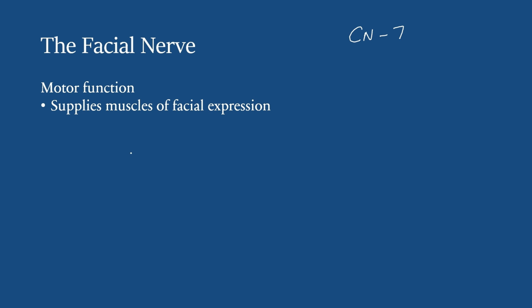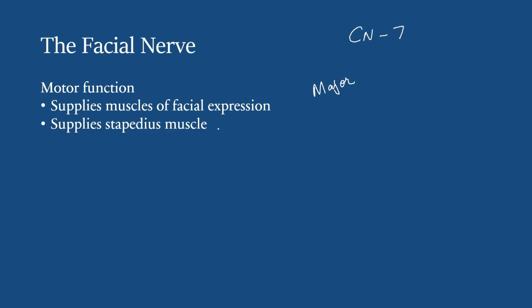There is a motor nucleus for the facial nerve which is present in the pons, and this is responsible for supplying all of the muscles of facial expression. It's the major nerve responsible for the motor function of the face.